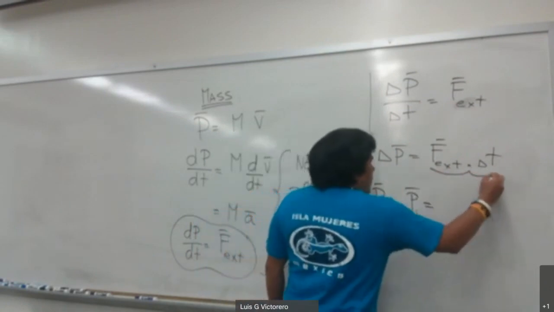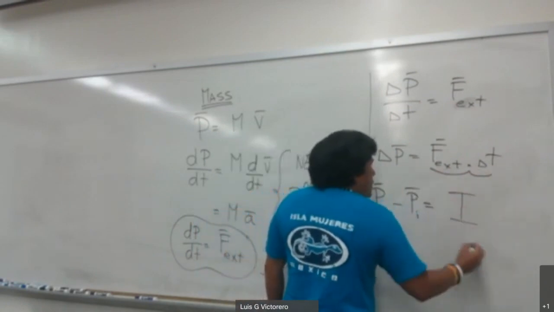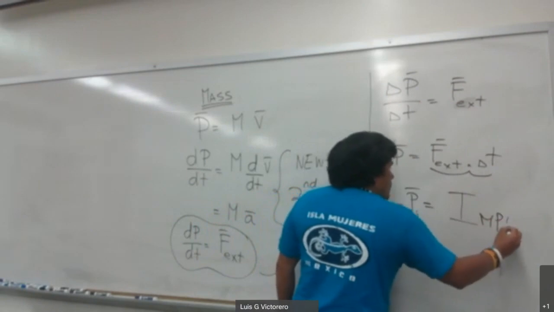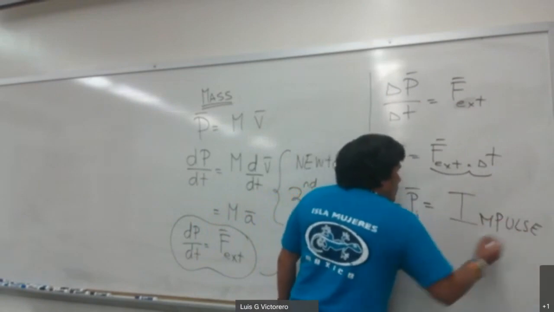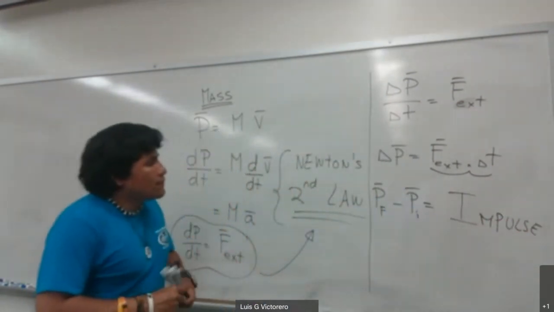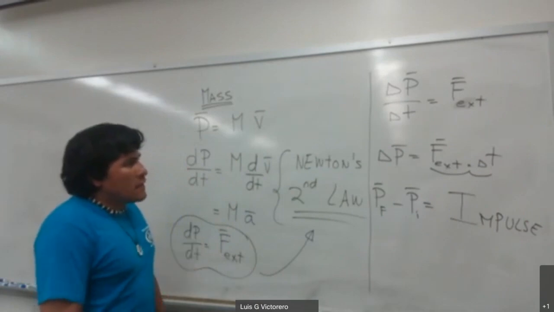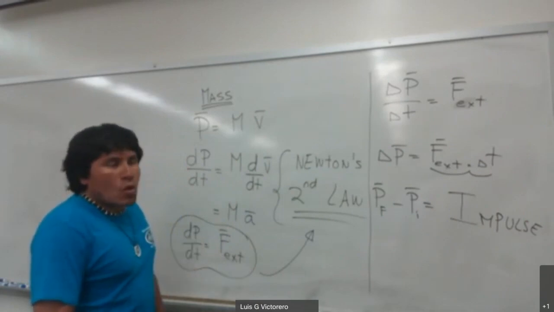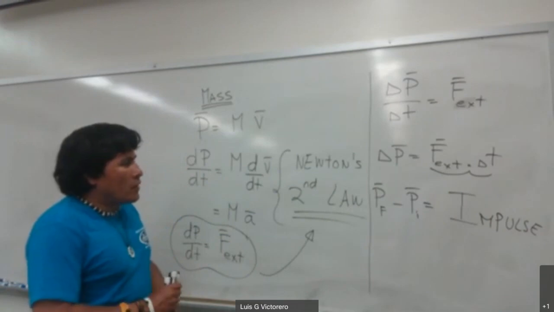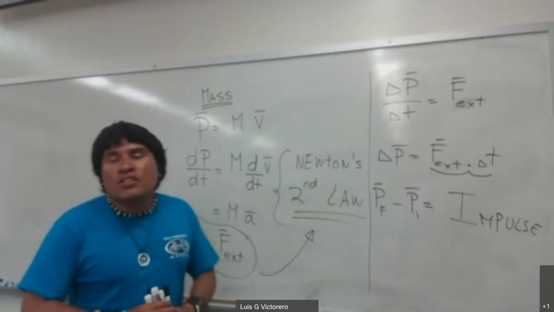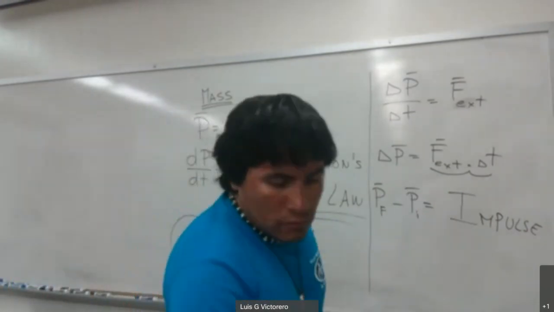And we call all this the impulse. That is basically one of the important results when we analyze the change of momentum. We can apply that for collisions, for example.